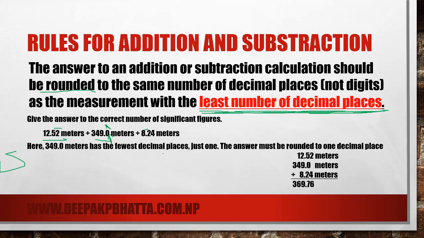Adding these numbers, we have the answer 369.76. We have 2 decimal digits, 0.76, but the least number of decimal places is only 1. So the final answer should be in only 1 decimal place. Replace the 7 and 6 by rounding up, and the correct answer is 369.8.